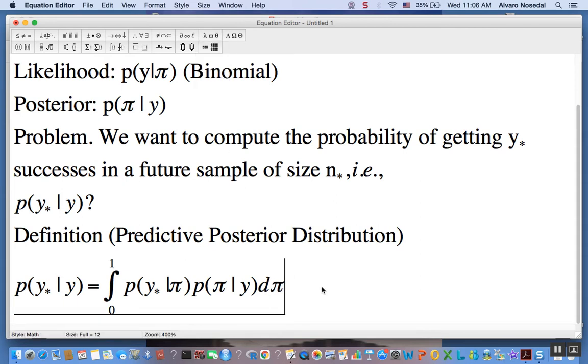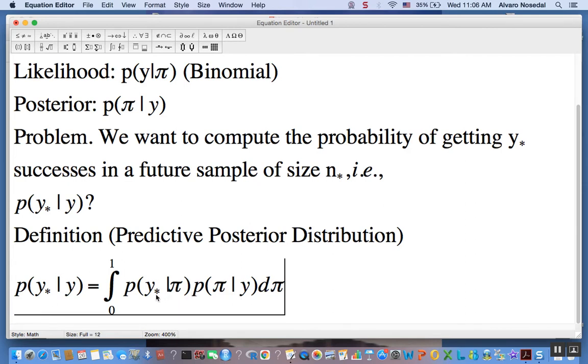Make sense? Can you see that by doing this we are incorporating our initial beliefs and the information coming from our initial sample y? The posterior distribution takes into account both sources of information.